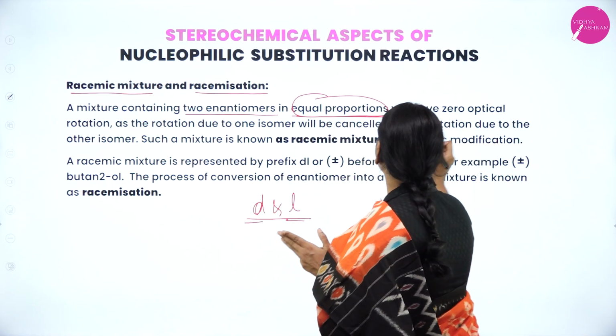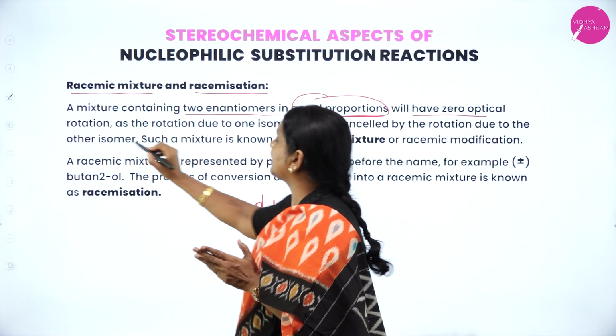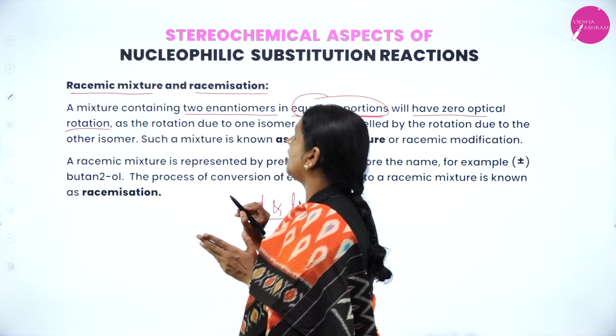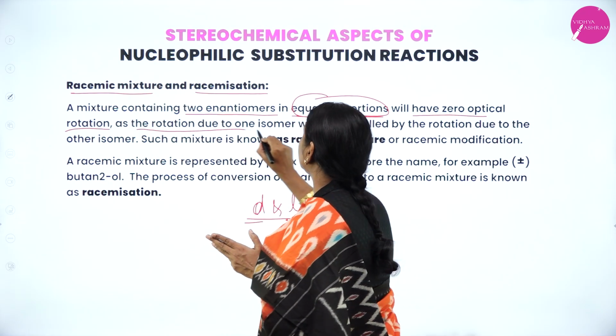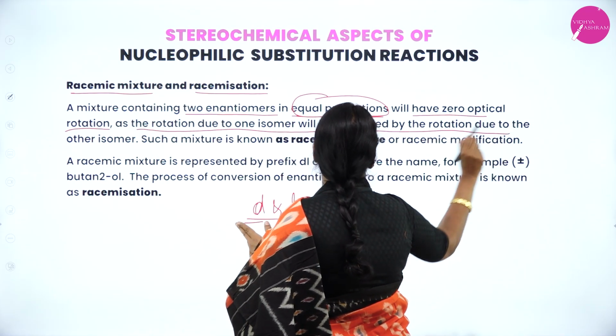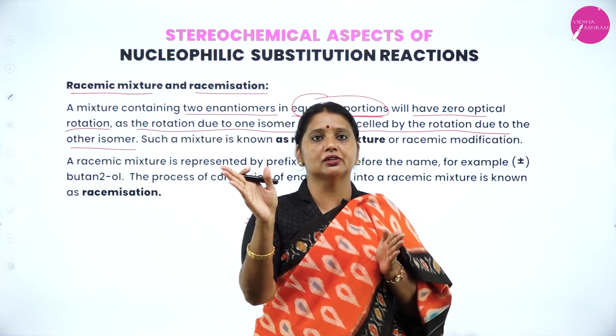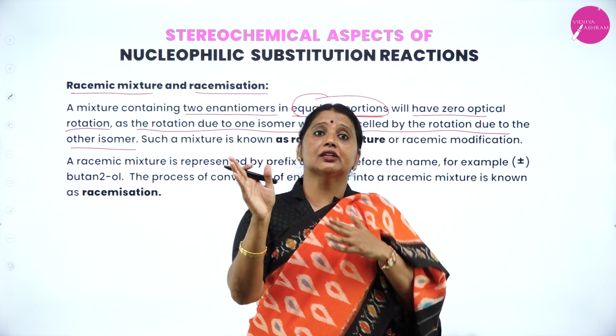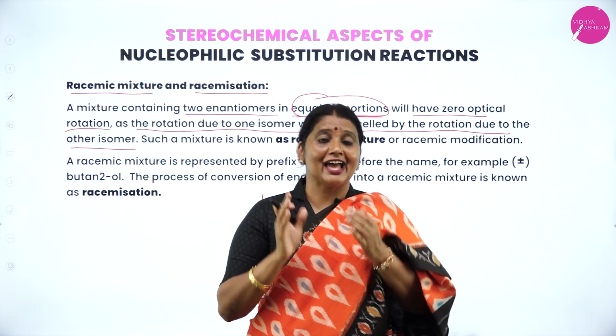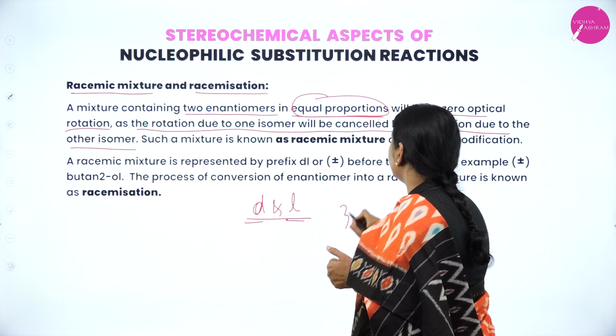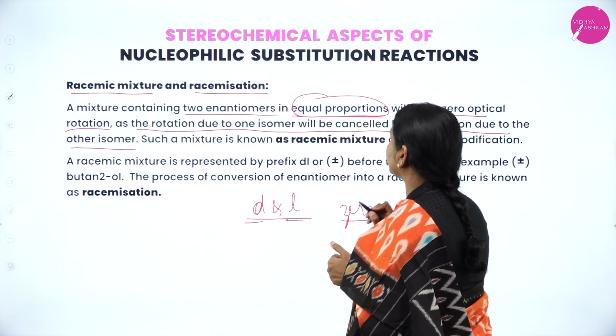Such a mixture has zero optical rotation. Why? The rotation due to one isomer is cancelled by the rotation due to the other isomer. Dextrorotatory rotates to the right, levorotatory rotates to the left. Therefore, the angle of rotation becomes zero.